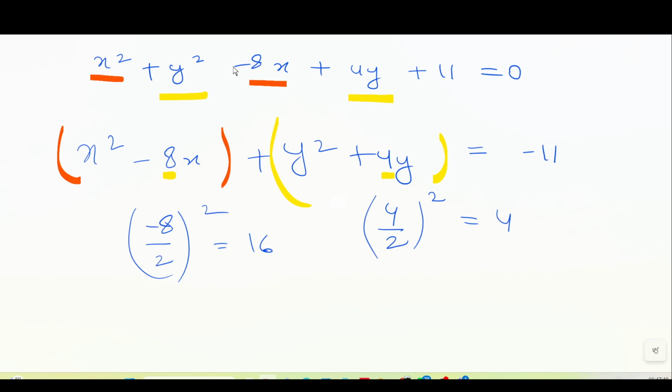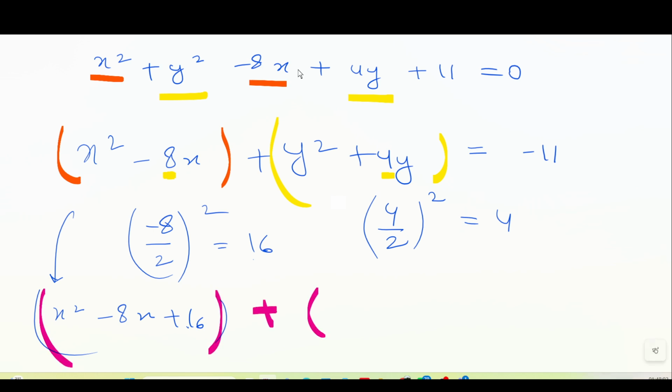We are doing this to convert it into whole square format. Now we will write x squared minus 8x plus 16, I'm adding this 16 to this group, and then y squared plus 4y plus 4.